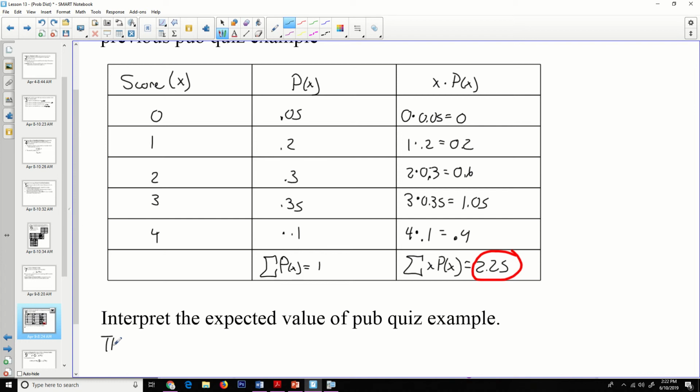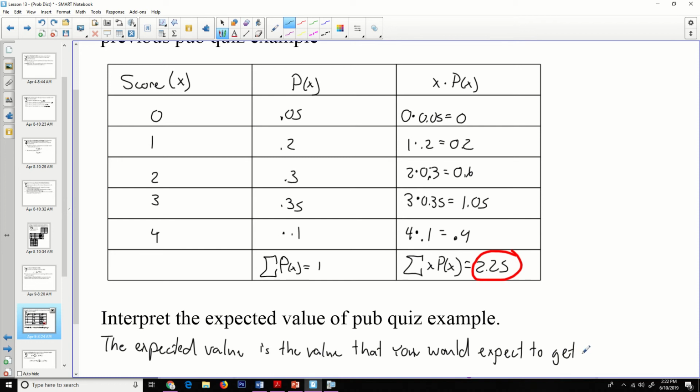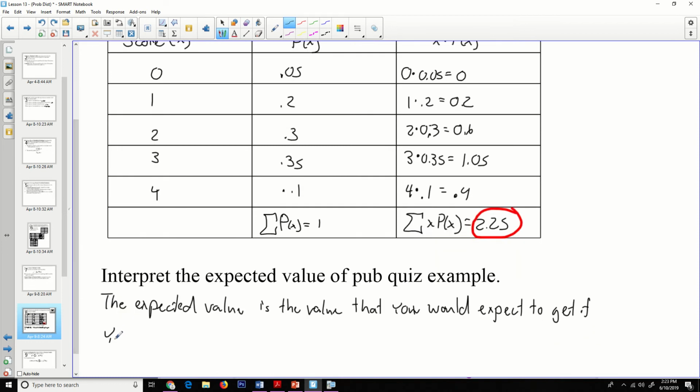So the expected value is the value that you would expect to get if you played the game.